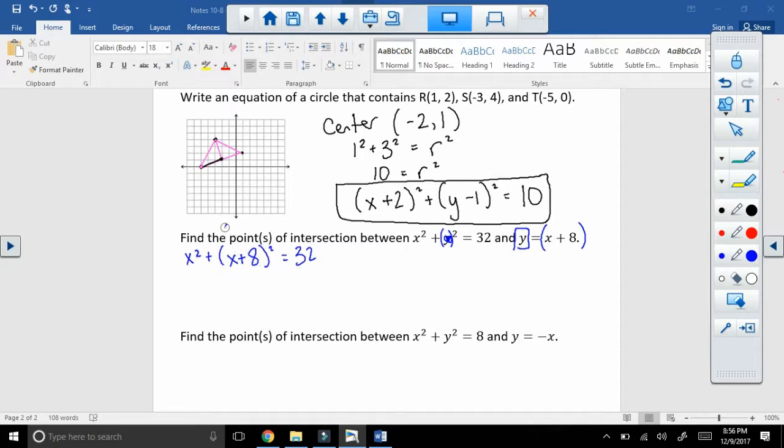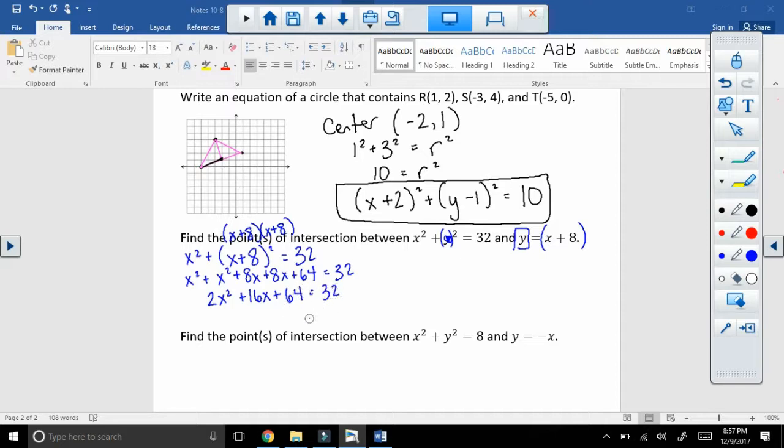I am going to have to think about x plus 8 times x plus 8 and FOIL that in order to get the answer. So x squared plus, this would be x squared plus 8x plus 8x plus 64 equals 32. Go ahead and clean this up a little bit. That's going to be 2x squared plus 16x plus 64 equals 32.